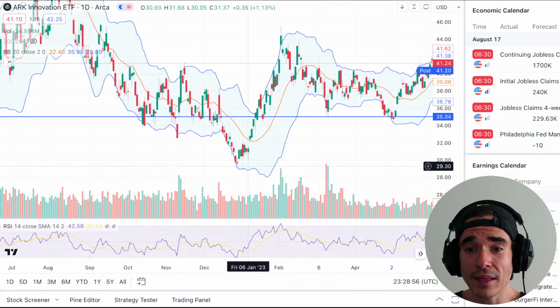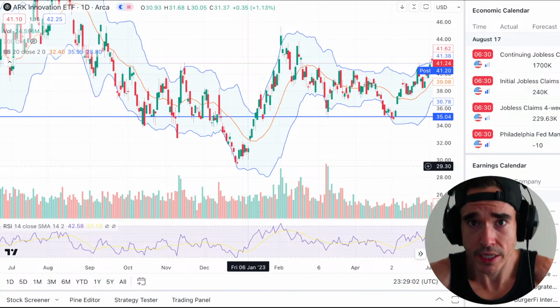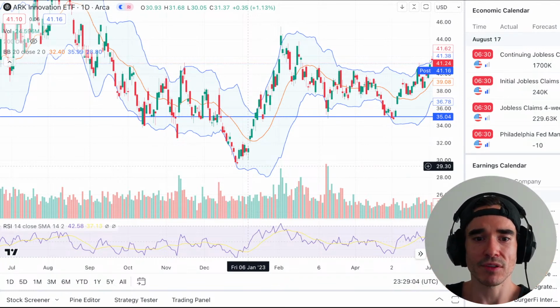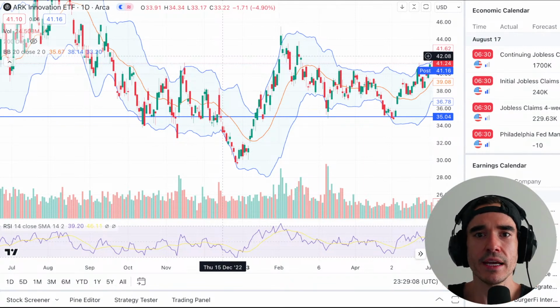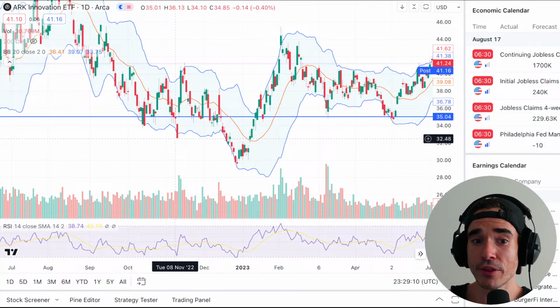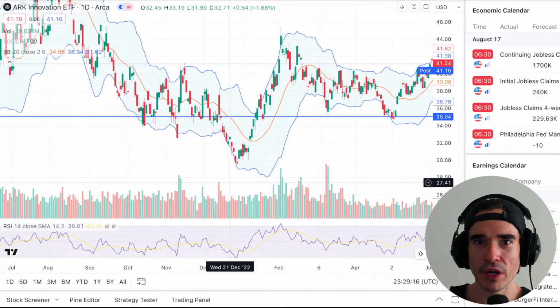So you can bet, let's say we have a black swan event and there's a reason to go retest all of these price levels again. We could see if we could penetrate 35, and you can guarantee if we did penetrate 35, we'd be testing 30.